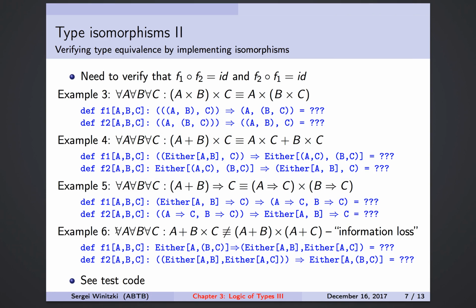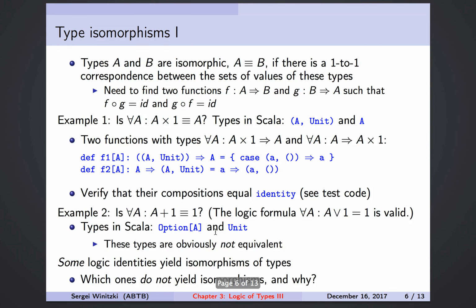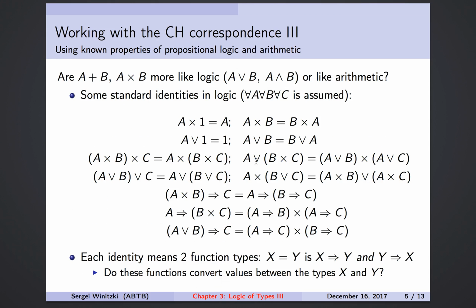Example 6 is to show that this is not an equivalence. Now, this is actually a valid theorem in the logic, distribution of disjunction, but it is not true in arithmetic, obviously.